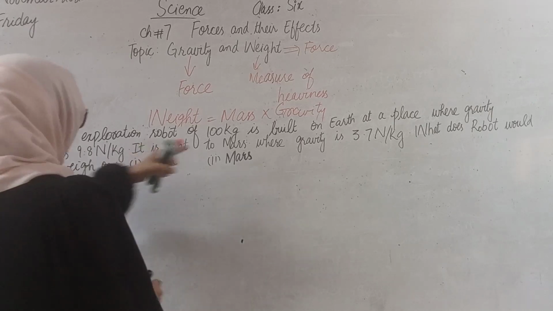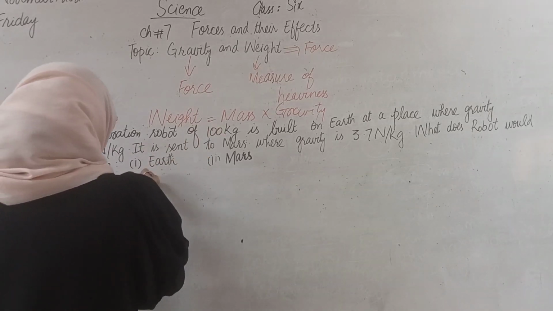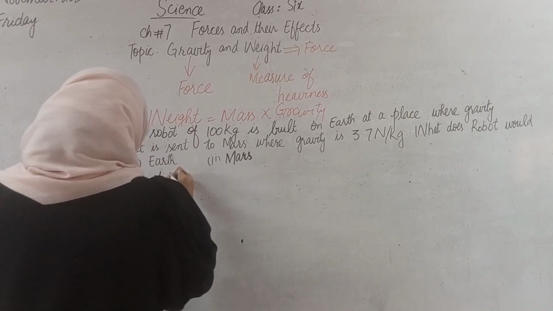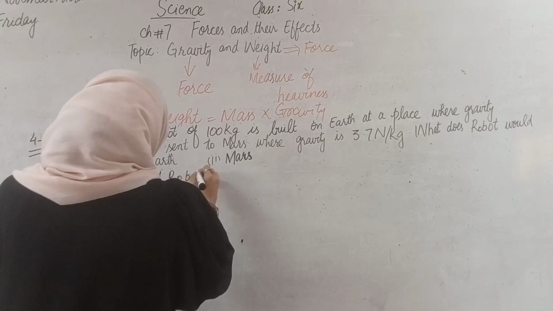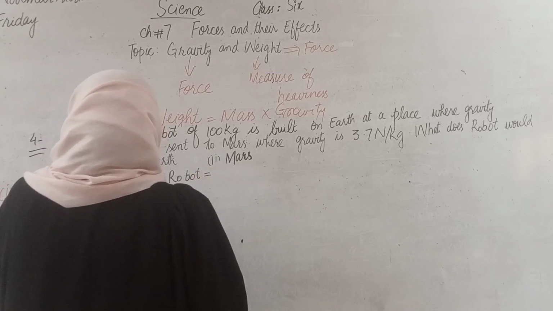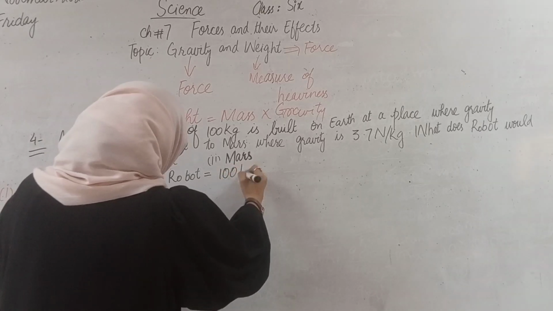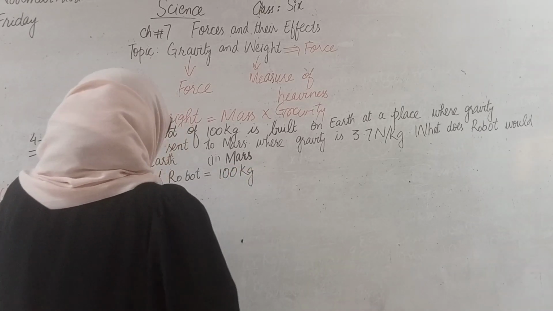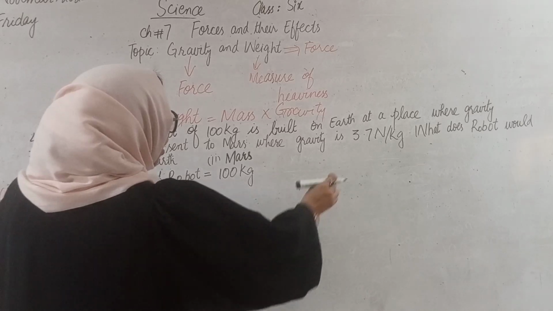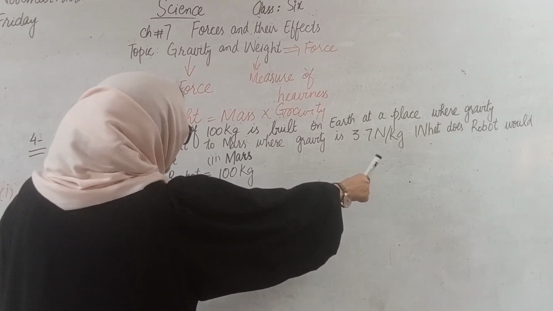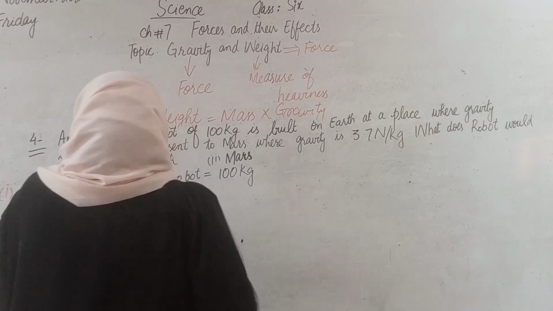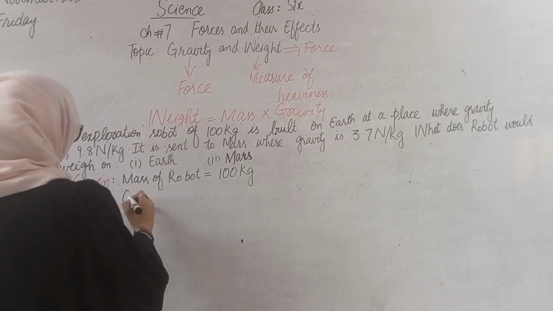As you know, we have been given the mass of the robot. Tell me, what will be the mass? 100 kilogram. And next we will use the gravity on Mars, that is 3.7 Newton per kilogram.